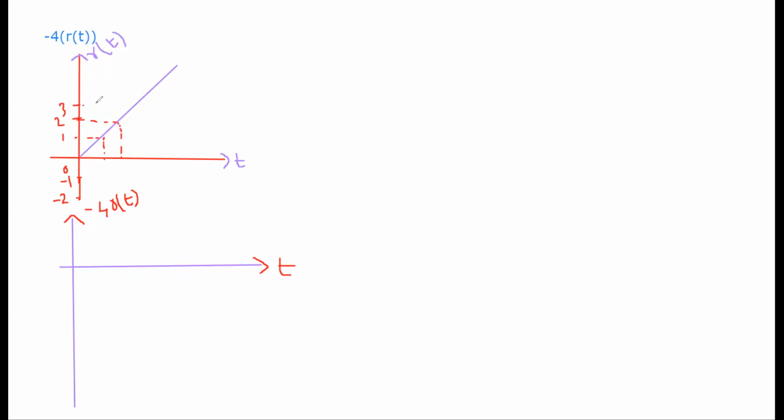Similarly, it has the magnitude of 3 at t equal to 3. Now I am going to multiply it with minus 4. So it should have the magnitude of minus 4 at t equal to 1, and at t equal to 2, minus 8. At t equal to 3, minus 12, likewise.